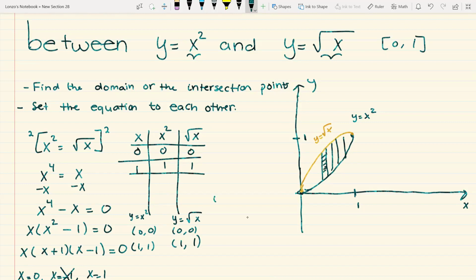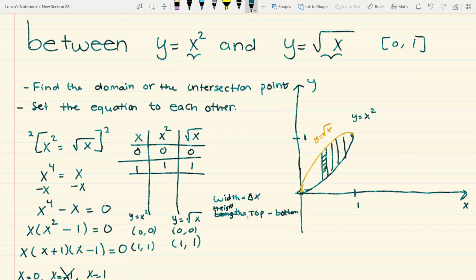Our width would be delta x, and then our height, in terms of x, is going to be top minus bottom. So in terms of x, it's going to be the top function minus the bottom function. In terms of y, it's the right function minus the left function.